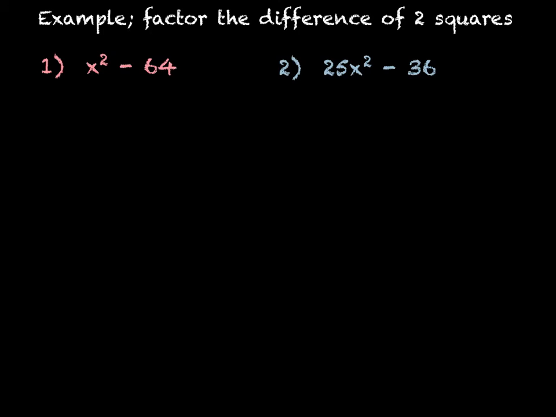So now we're going to do some examples of factoring out the difference of two squares. So the first thing we're going to note on x squared minus 64 is it is a difference. It is a binomial with subtraction.